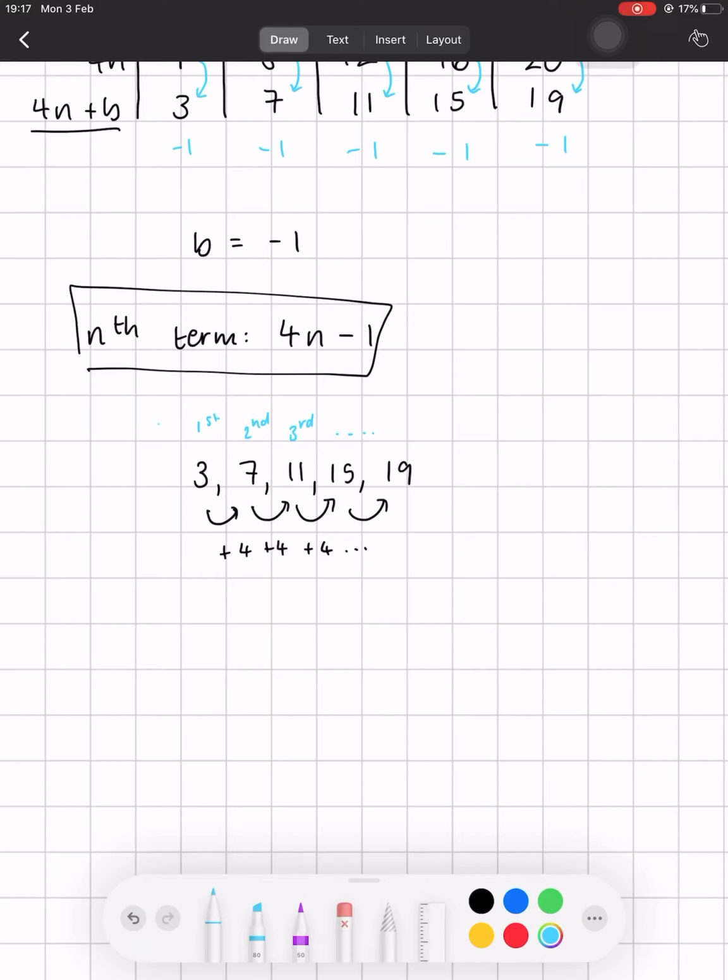So now we're going to find the 0th term. And how we do that is to go in the opposite direction. So instead of adding 4 from 3, we're going to take away 4 to go in the opposite direction. So 3 take away 4 gives us minus 1. And this is equal to b. So you can see here how we got the minus 1 for b.